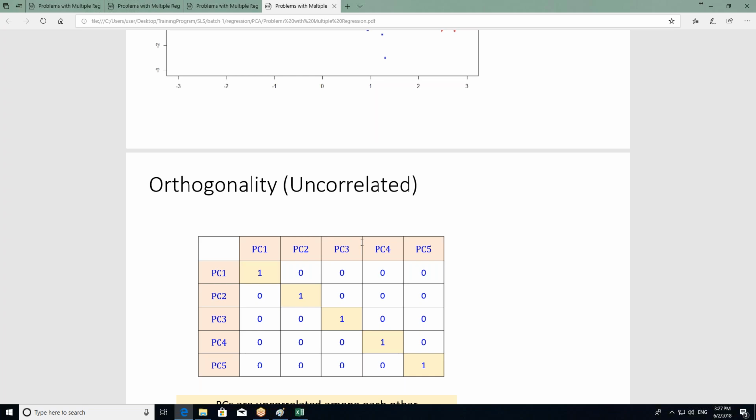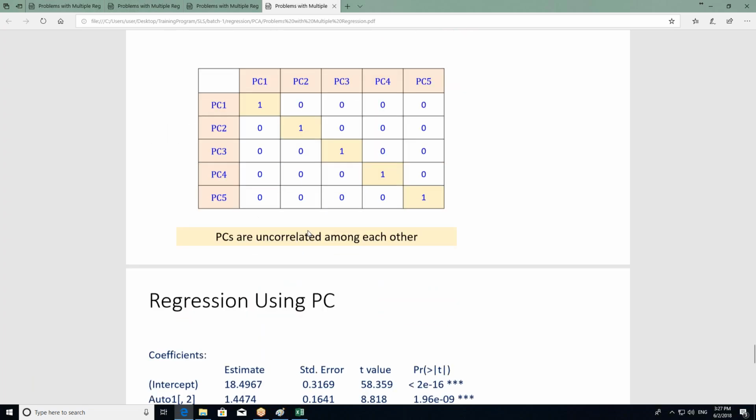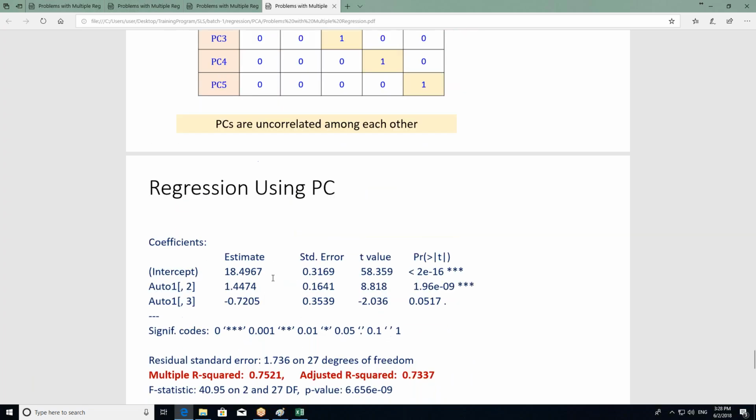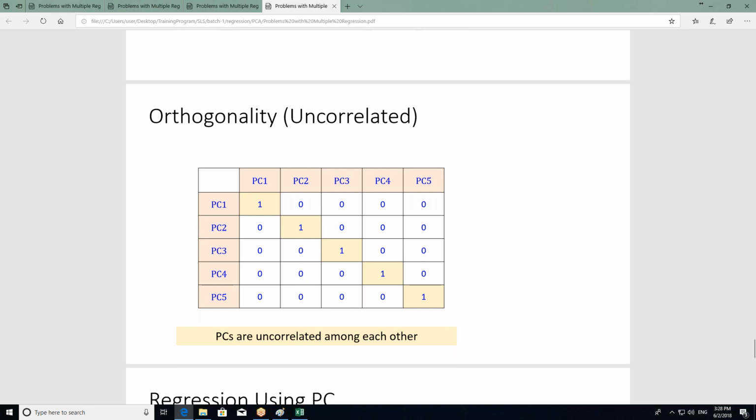It is always zero, right? So now once orthogonality is confirmed, you can build your regression model. You take all the PC1, PC2, PC3, PC4, PC5 if you want, or you can take only PC1, PC2 if you're happy with the 94% Y response coverage. And if you want some other additional project specific information, that also you can add.